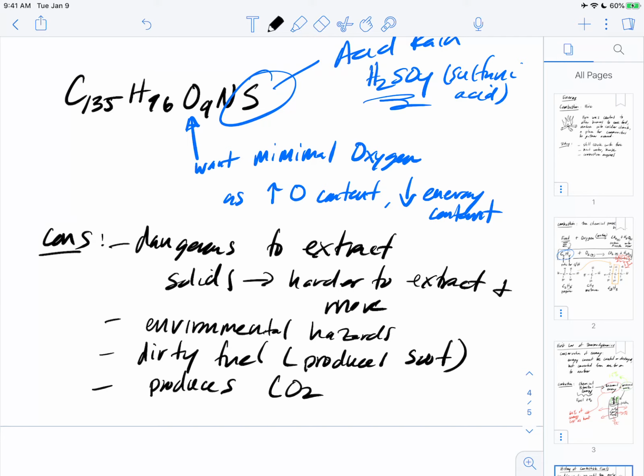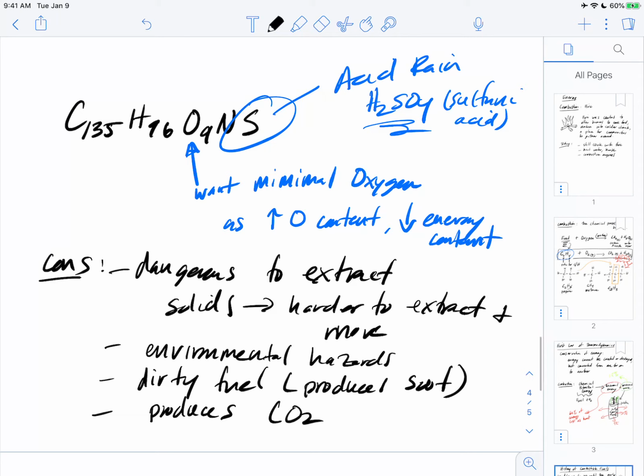And so that again is a negative for this particular fuel. But I guess the big pro is that even though it is dangerous to extract, harder because it's a solid, it is still plentiful, and it provided a much better alternative than wood. So that's why it was used and utilized very strongly.